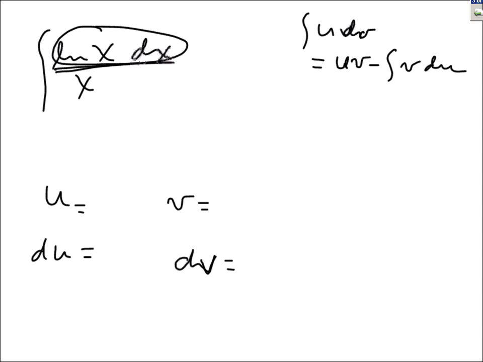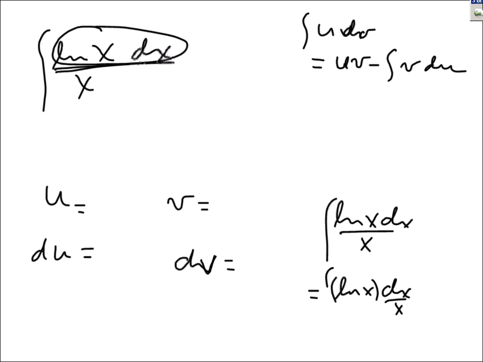So we have ln of x times dx over x, the integral. Maybe I know the integral of dx over x, so that's what I'm going to call dv. And u is going to be ln of x.